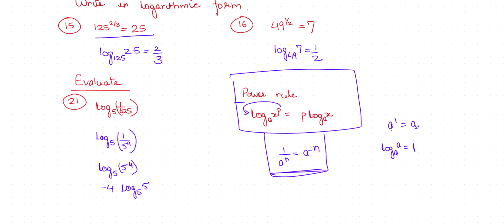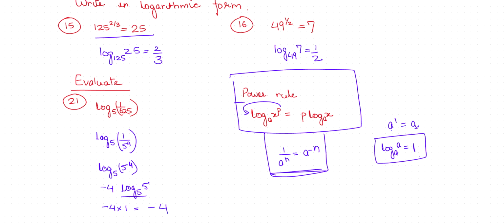So any number we can put here a, which is definitely greater than 0 and not 1, this will give us 1. So this is equal to 1. So -4 times 1 is -4. So -4 is our answer.